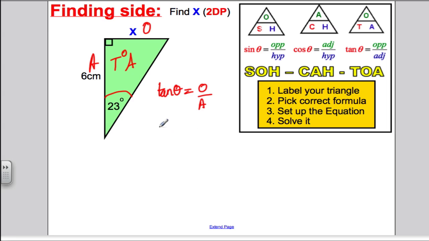So in this particular case, tan of 23 is equal to the opposite, which is x divided by 6. Times 6 by both sides, we get x is 6 tan 23. Typing that in the calculator, you get 2.55 centimeters.